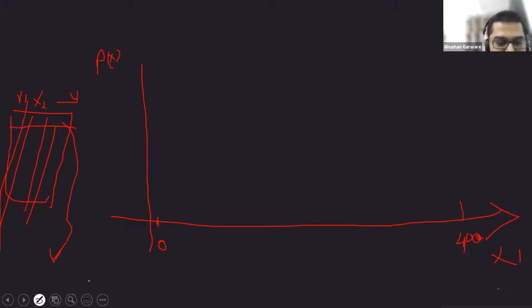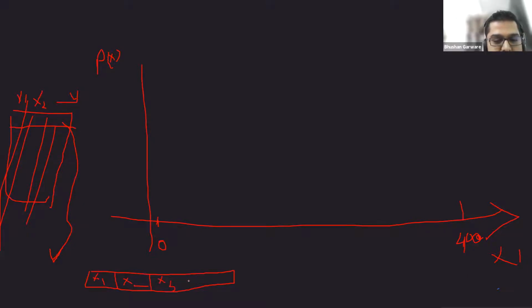Okay, so this will be a feature of your first example, and this is your feature x1, say glucose, right? And you will have other columns also, like age and body mass index and diabetes pedigree function.